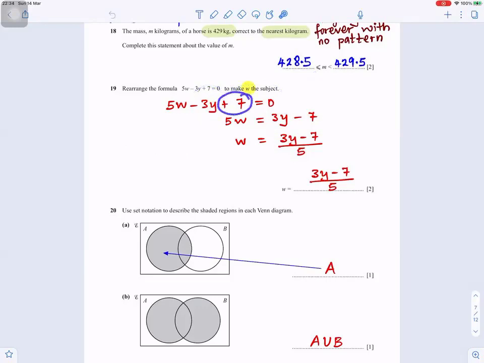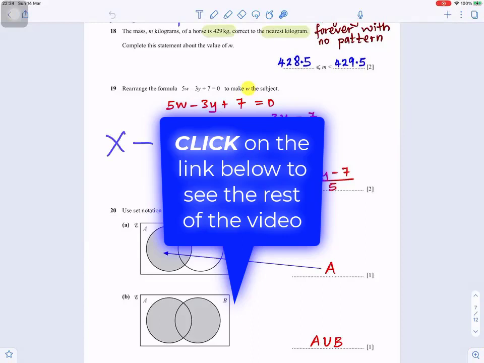Plus 7 goes to the right, it becomes minus 7. Now we have 5 times w. That's what 5w means. Times 5 goes to the right, it becomes divide by 5. So now w is on its own, so you've made w the subject. So it's 3y minus 7 over 5.